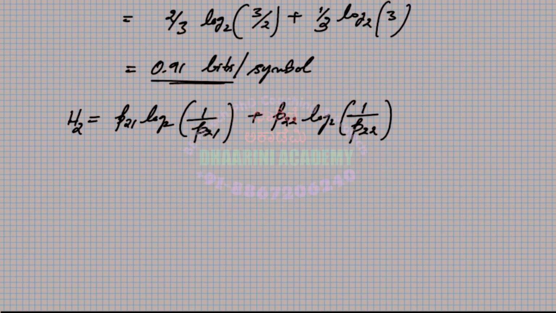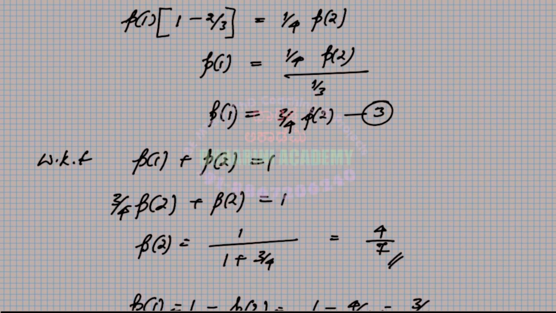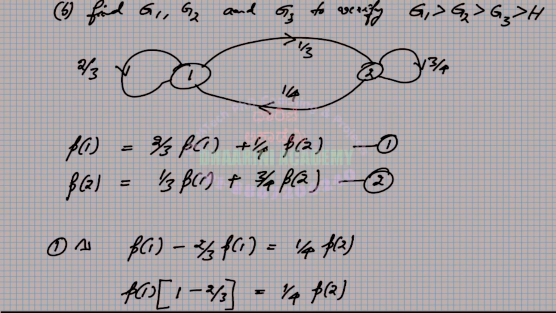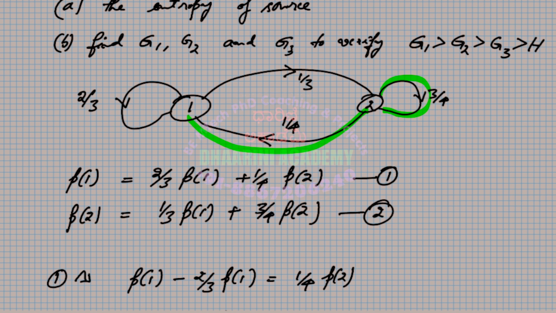So this means we are trying to substitute the values of the probabilities from state 2. So 2 to 2 is this one, 2 to 1 is this connection. So you have 3 by 4 and 1 by 4. So P21 is 1 by 4, P22 will be 3 by 4.